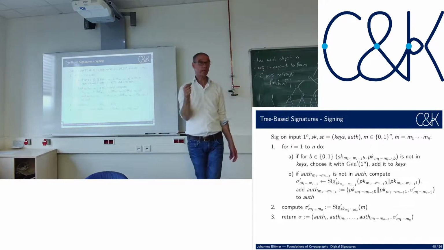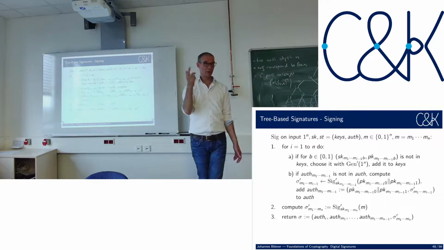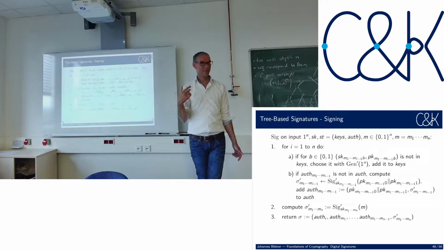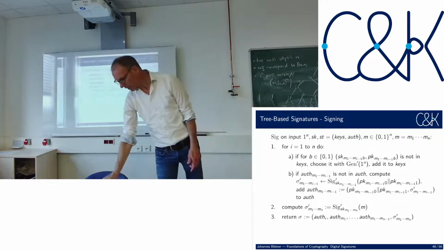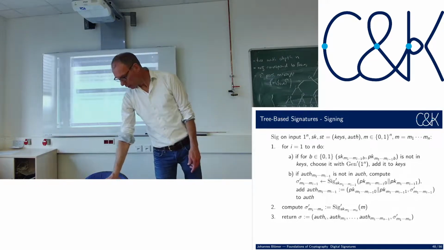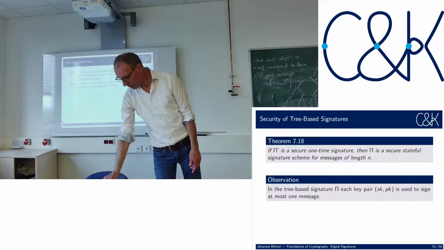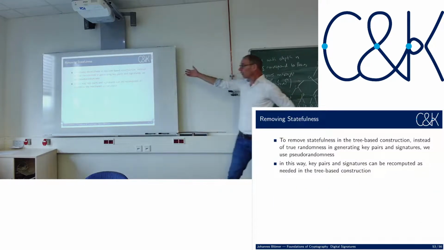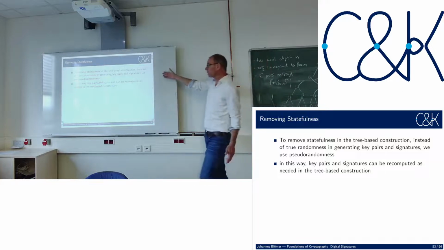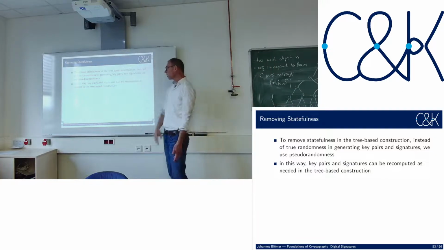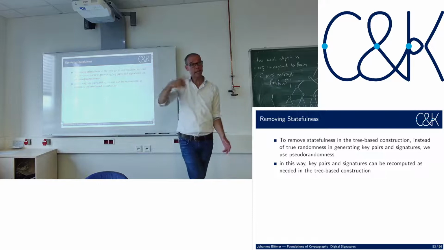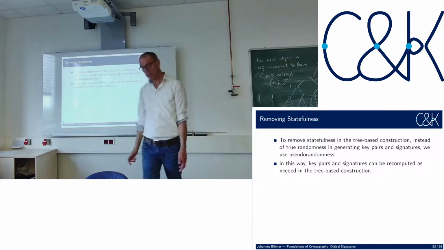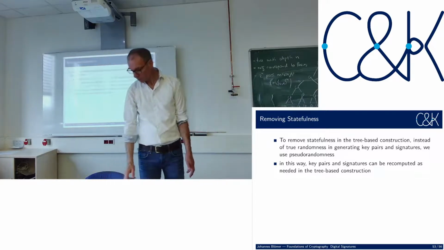And I don't need to store anything, just the seed for my pseudo-randomness. That's exactly what we do. Instead of true randomness in generating key pairs and signatures, we use pseudo-randomness, and this way key pairs and signatures can be recomputed as needed in the tree-based construction.